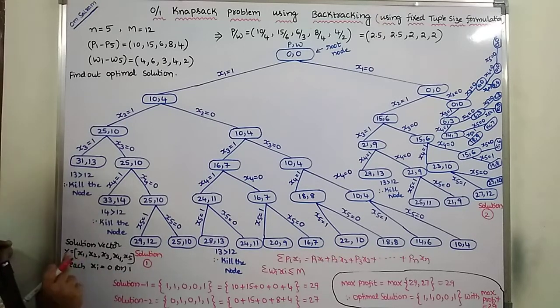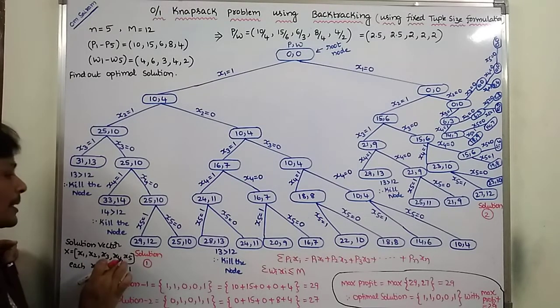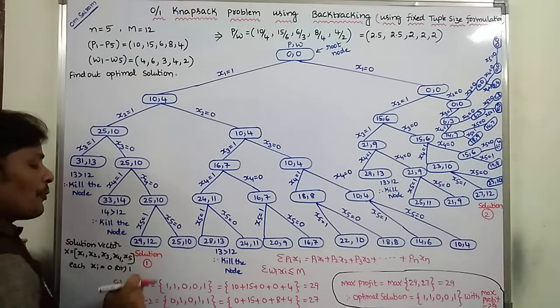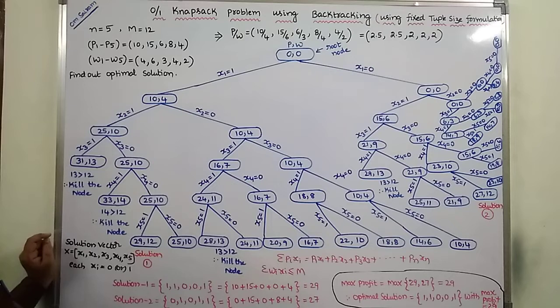For example, x1 can take either 0 or 1, x2 can take either 0 or 1, x3 can take either 0 or 1, x4 can take either 0 or 1, and x5 can take either 0 or 1. So this is the solution vector.